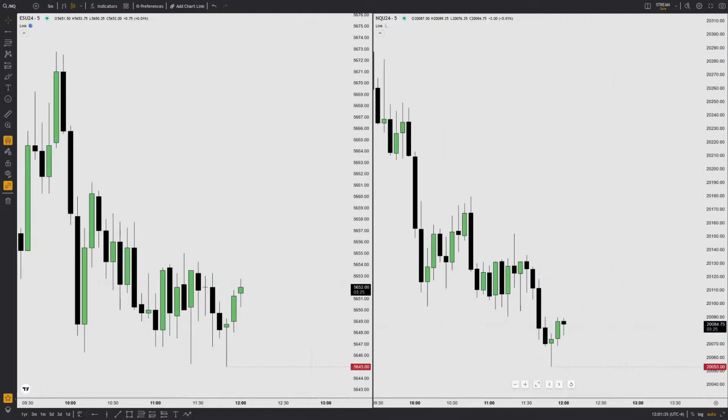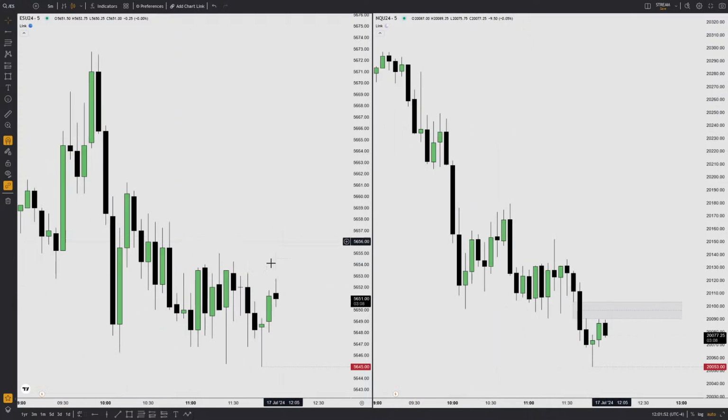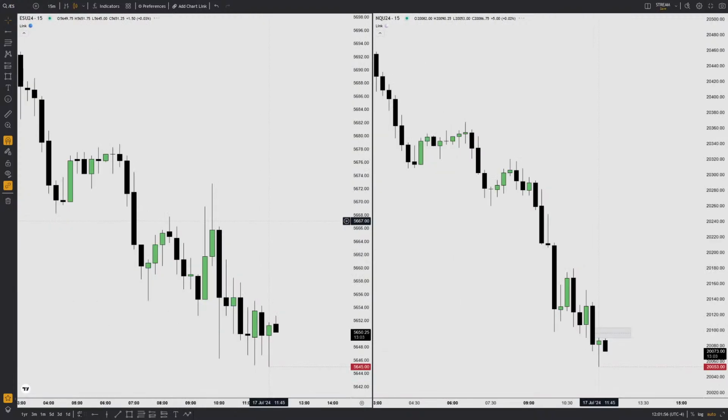Okay, on 5 minutes we have this fair value gap for NQ. And ES is just very messy here. Let's look at 15 minutes.